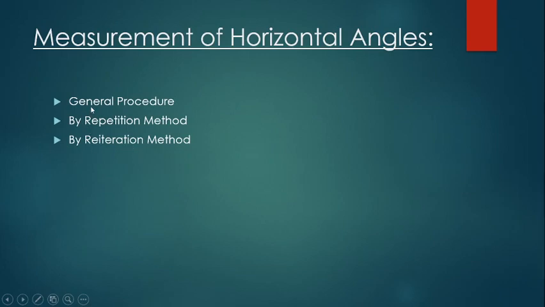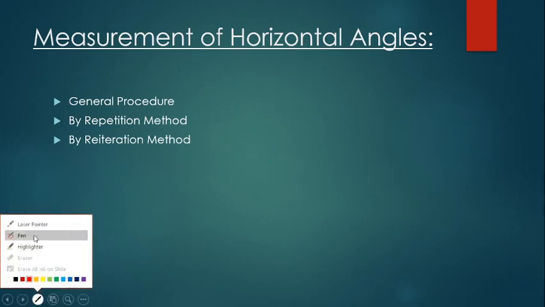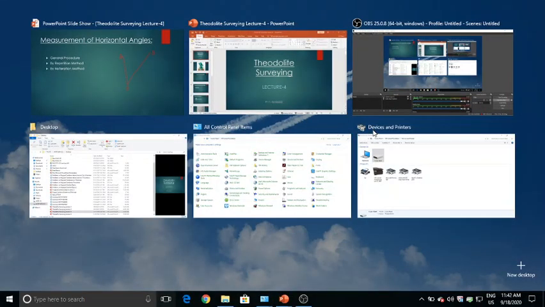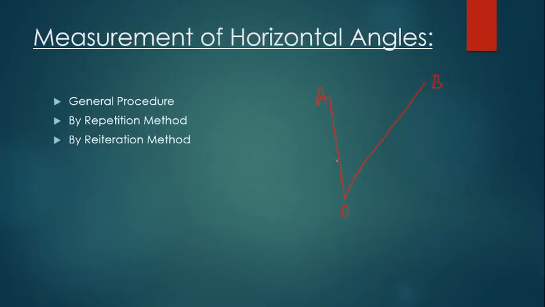And in the general procedure, we have discussed that if you want to find the angle between survey lines OA and OB using the general procedure, what would be the procedure?